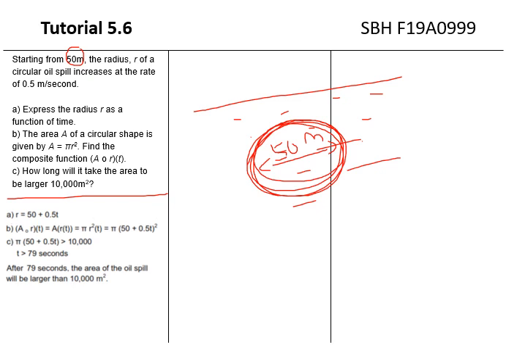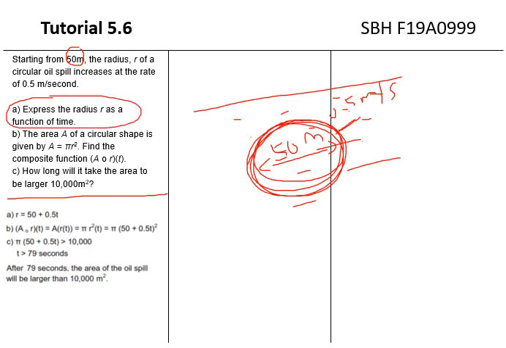Then because of the waves and wind, the oil increases in size at 0.5 meter per second. So after 2 seconds, we're going to see that the radius increases to 51 meters.